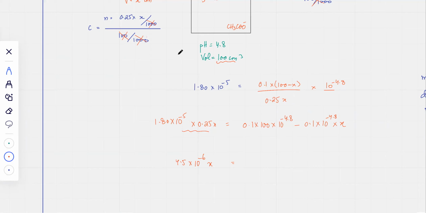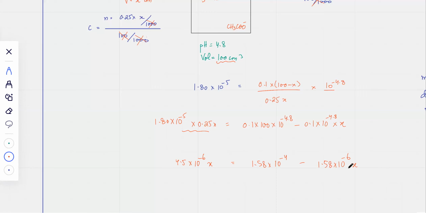1.58 multiplied by 10 to the power of negative 4. And what is this? 1.58 multiplied by 10 to the power of negative 6. And that's x, right? And bring this to the other side so the x would get added up.